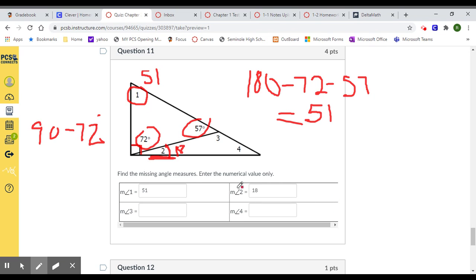So that's 18 degrees. Now I can figure out these other two in a couple different ways. I could think about this big triangle here, knowing that this whole triangle would add up to 180. So I could do 180 minus 90 minus 51 to figure out angle 4. I could also use the fact that these two are aligned and then subtract.